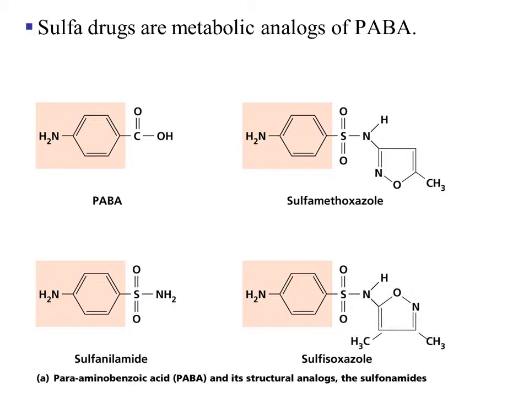Sulfa drugs are metabolic analogs of PABA. So look in the picture at the structure of PABA. Now look at the other chemical compounds in this picture and notice that they all have the same basic structure. So therefore they are analogs for PABA.